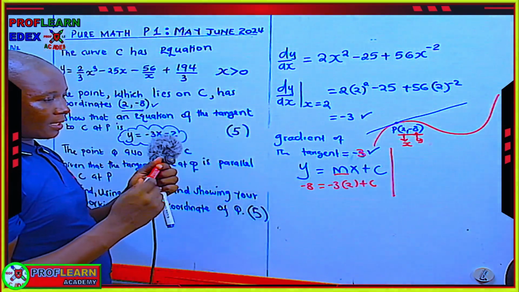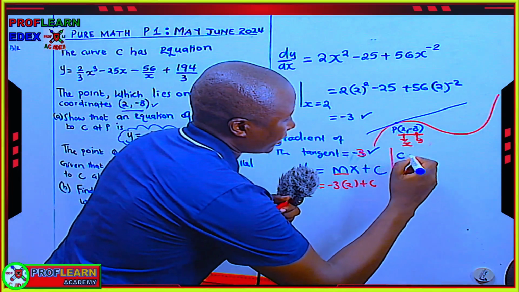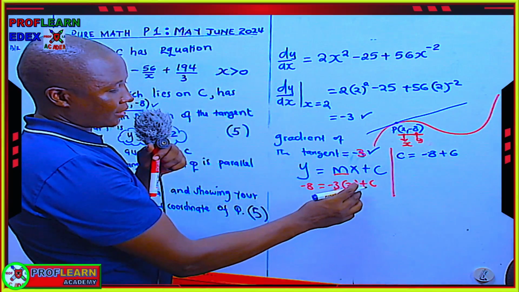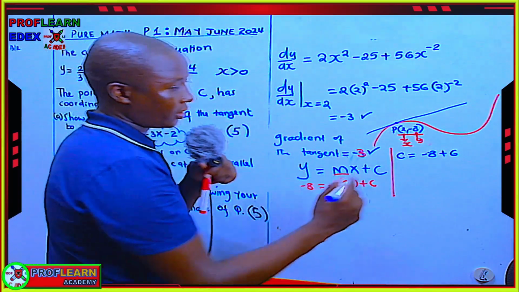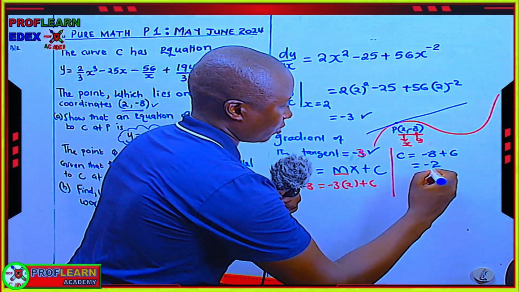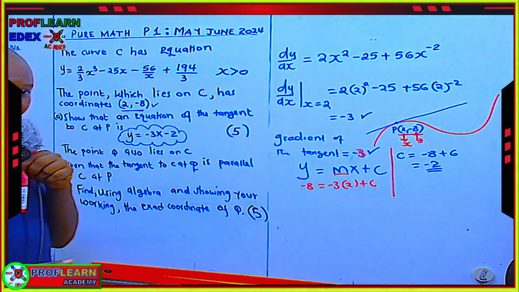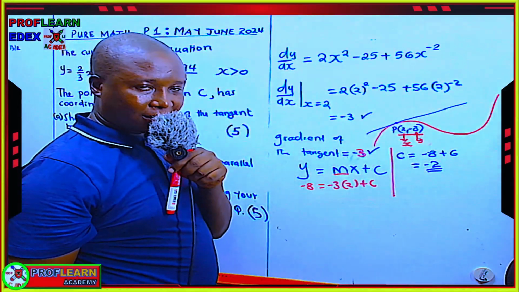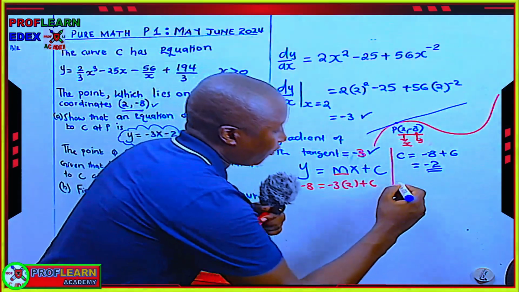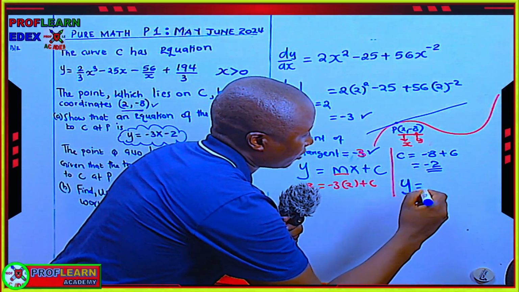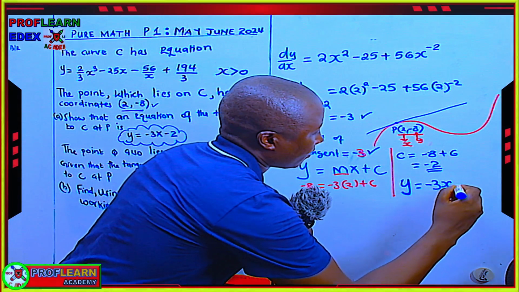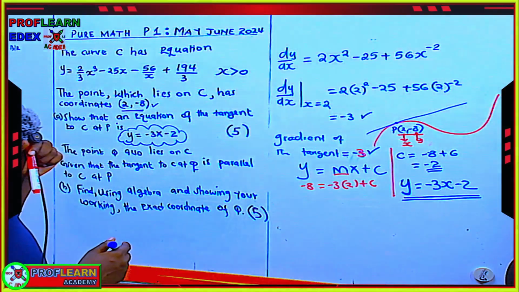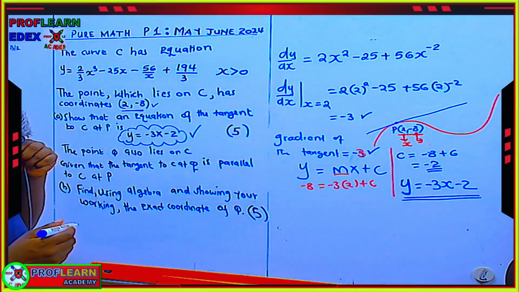Our c is equal to minus 8 plus 6, because minus 6, if you take it to the other side, becomes positive. This is going to be minus 2 as the value of c. So the y-intercept of this tangent is equal to negative 2. Therefore, we say y equals negative 3x minus 2 is the equation of this tangent that we were supposed to find, and that is what we have shown at this point.